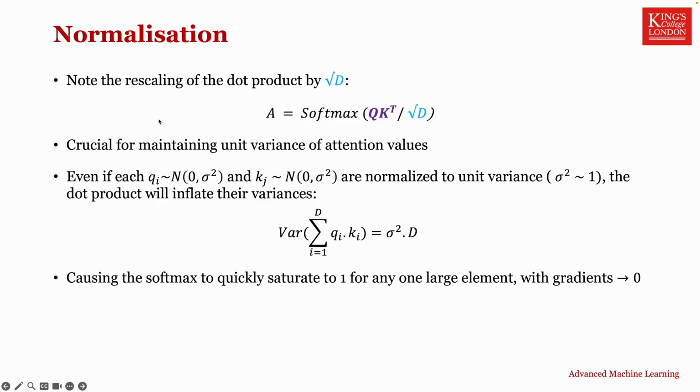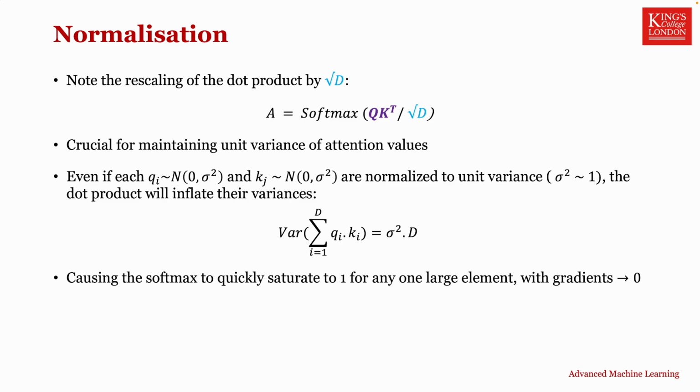Okay, finally, a few important implementational details. So firstly, normalization of the dot product by square root of d is crucial for maintaining the unit variance of attention values. Even if the original keys and queries are normalized, the dot product is multiplying and summing the contribution of each element, which are each one, which means that if this is summed d times, then the variance of the dot product grows by a factor of d.